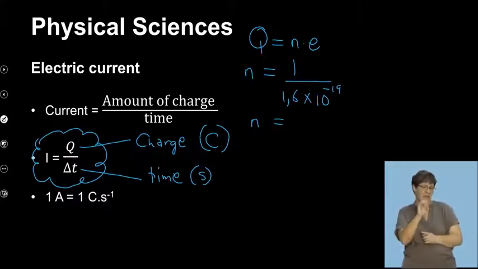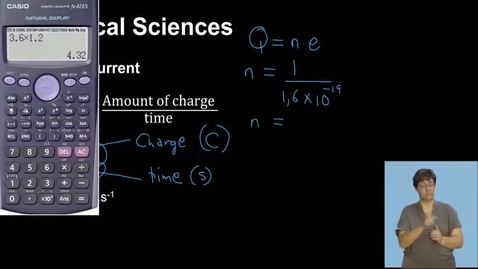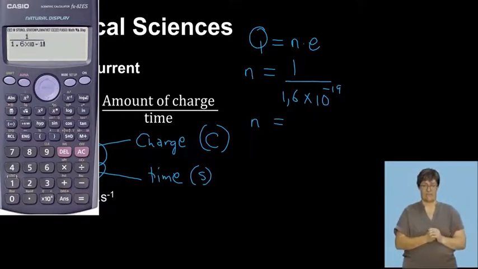Let's check how many electrons make up a charge of 1 coulomb so that we better understand this. We have 1 divided by 1.6 times 10 exponent negative 19. What do we get from that?